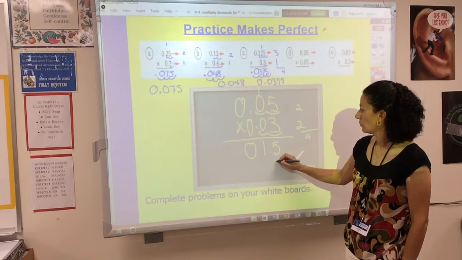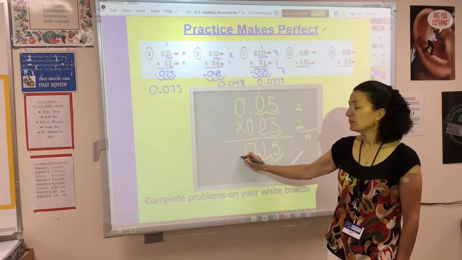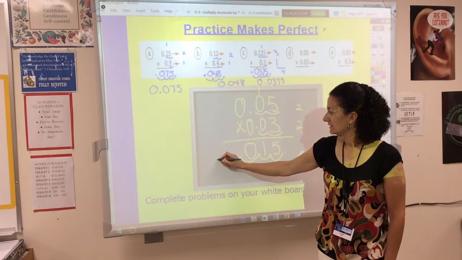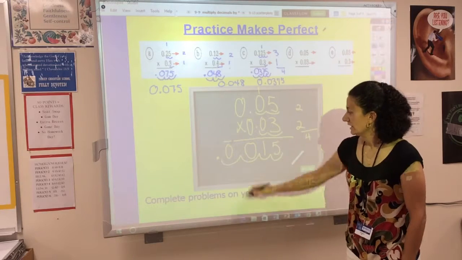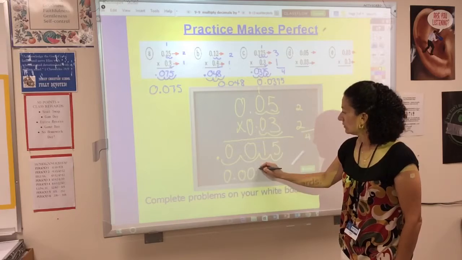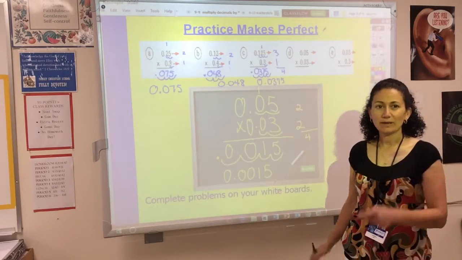Starting here, 1, 2, 3. I ran out of numbers, but I still need to count that 4th place, which means I'm going to have to add another 0 to my answer. And this answer is 0.0015.